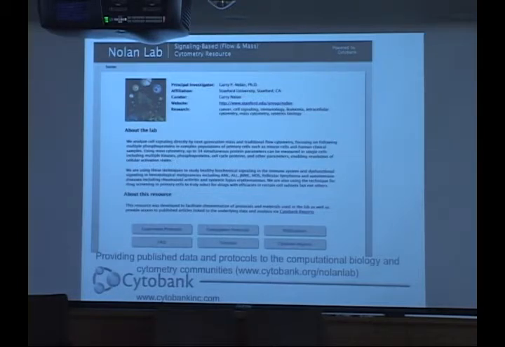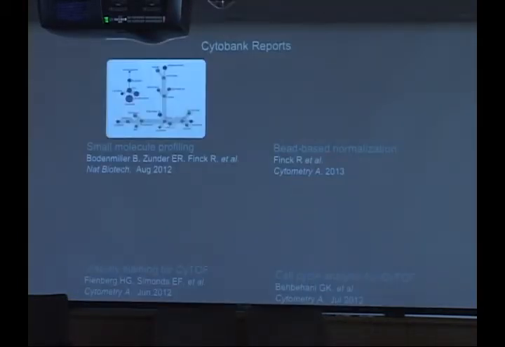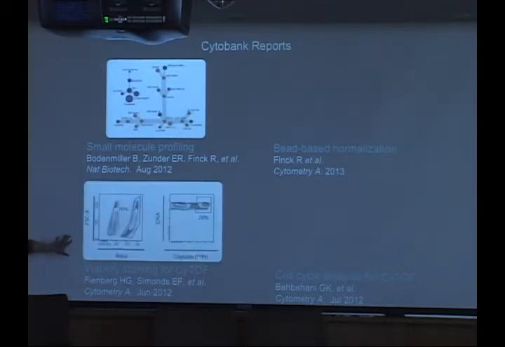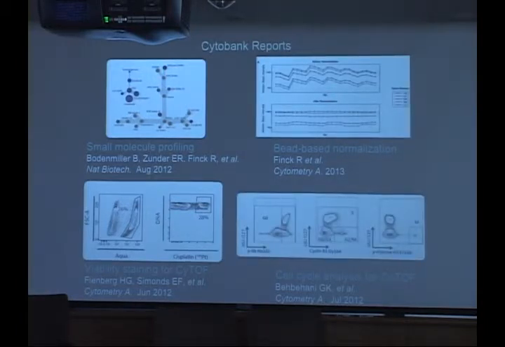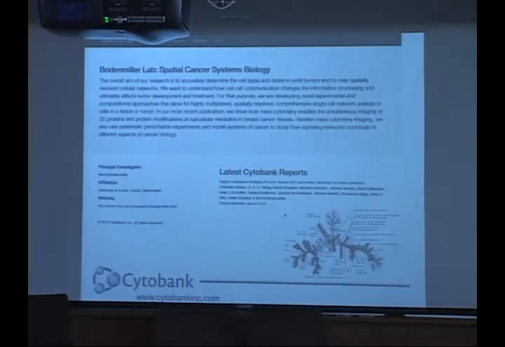I'll show you that more in just a second, but just to give you an idea, example Cytobank reports include that breadth experiment that I talked about, where we had a ton of kinase inhibitors from 2012, the viability staining paper, as well as the bead-based normalization paper and the cell cycle analysis. The most recent report that we generated was for the Bodenmiller Lab.